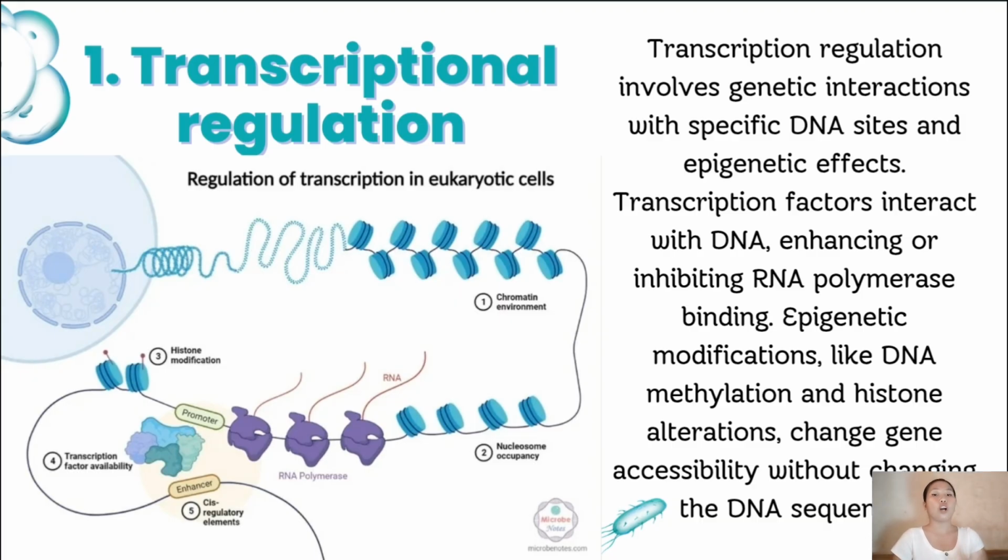This is the most common form of regulation and happens at the very beginning of the process. It involves transcription factors, which are proteins that bind to DNA to either help or block the enzyme RNA polymerase from starting the creation of the mRNA. It also includes epigenetic modifications such as DNA methylation, which can hide a gene so it cannot be read without changing the DNA's actual sequence.